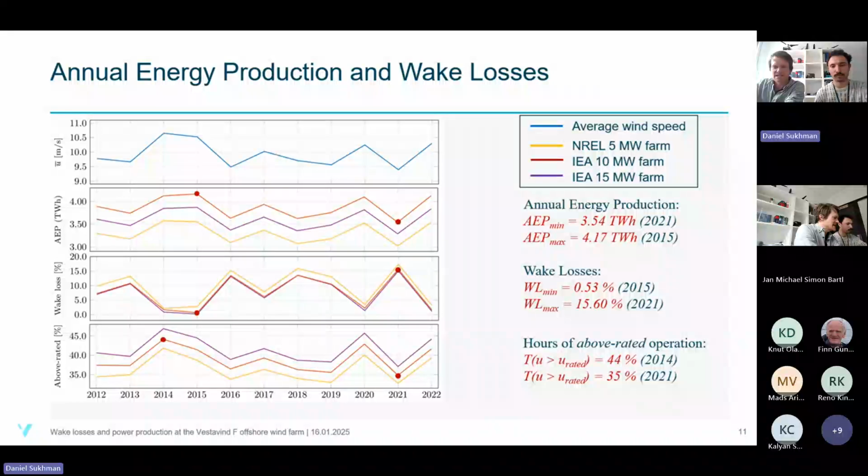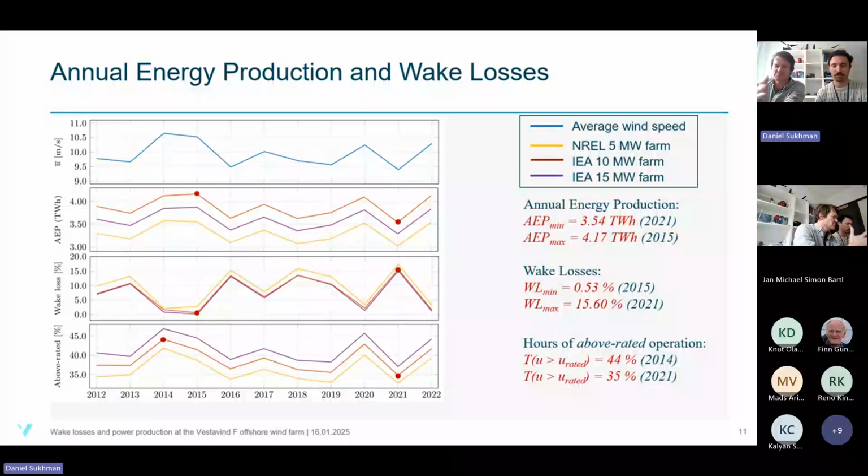So what we did see is that again in those years of high production, we have also a quite high percentage of above rated operation. For example, in 2014, of all the 8,760 hours a year, we had 44% of them where we had above rated operation. Whereas in 2021, we only had 35% of above rated operation.